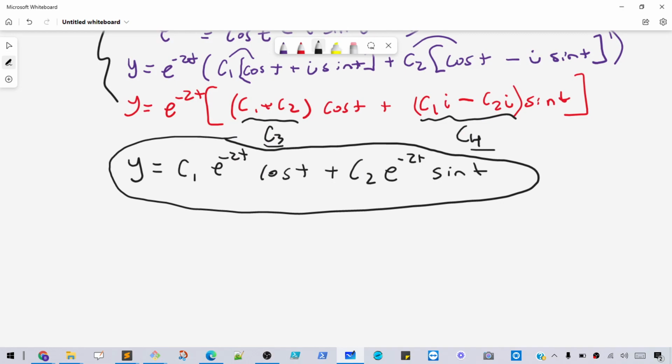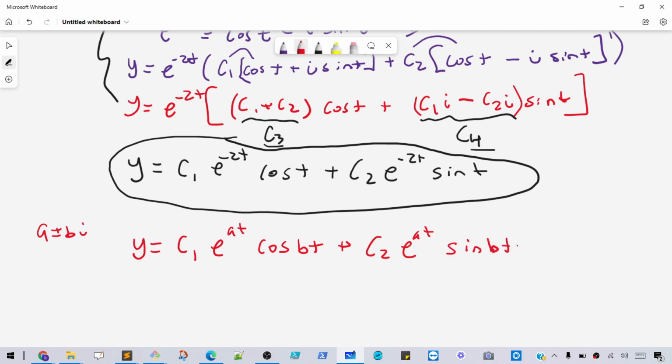So then your final solution is going to look like this. That's the a part in our a plus bi, right? If our root's a plus or minus bi, we'll have b on the angle, and then c, this piece will be the same. So this will be like your general form.